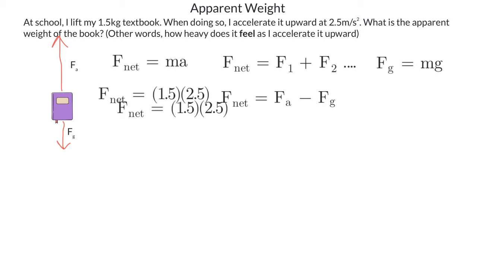And then when we calculate that out, we get 3.75 newtons. Good. So that's the net force. That's really saying that this force here is 3.75 newtons more than this one. That's really what this is saying.